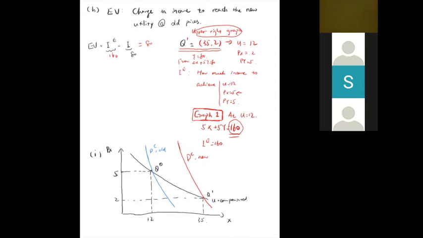And we say that the compensating variation is the changing area under the compensated demand curve at the old bundle. Sorry. CV.